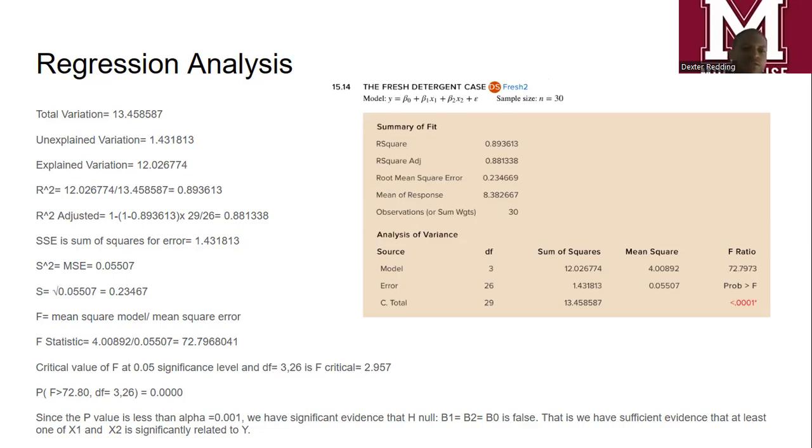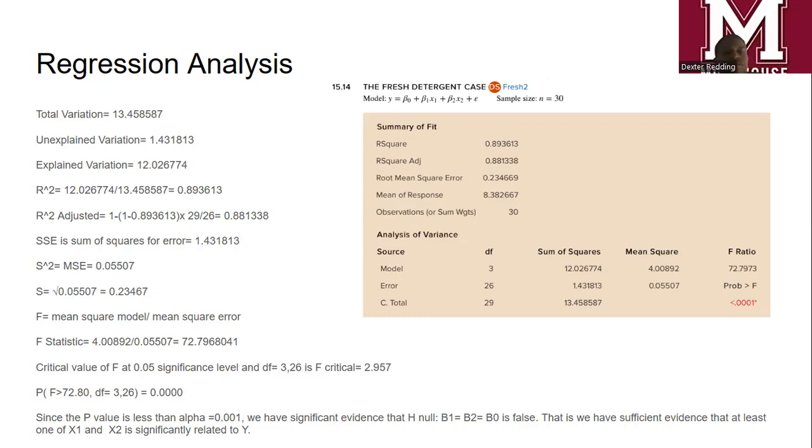For our F statistic, we did the mean square model divided by the mean square error to get 72.796841. For our critical value at a 0.05 significance level and degrees of freedom 2 and 26, our F critical value would be 2.957. And we saw that the p-value is 0.000.